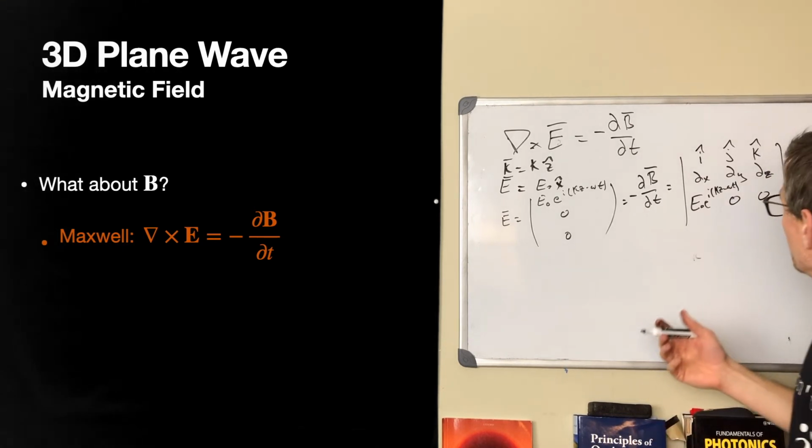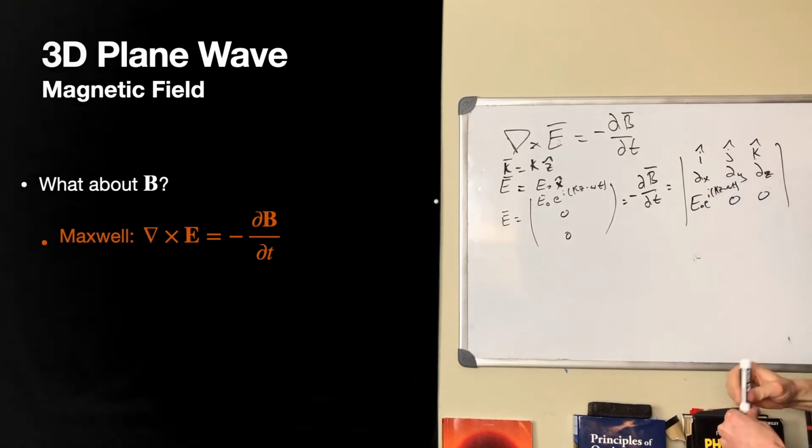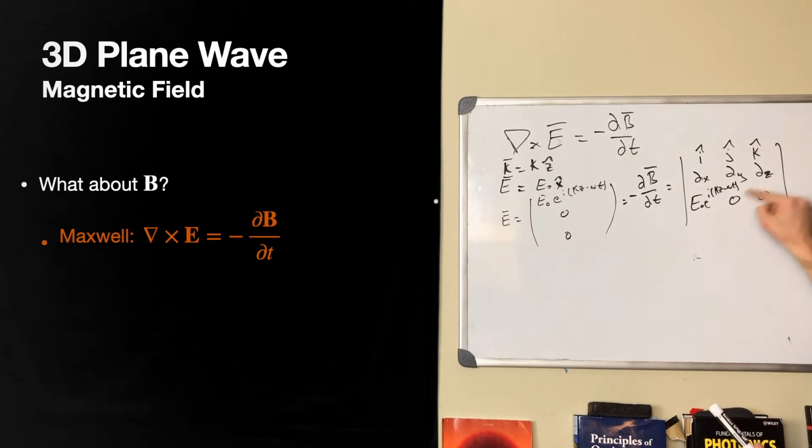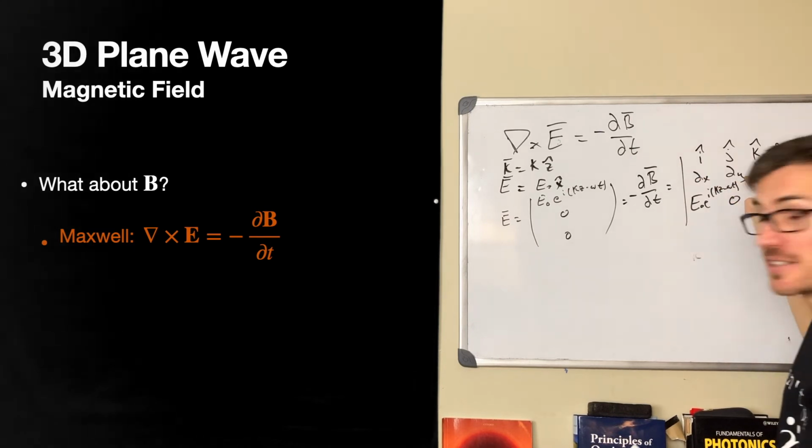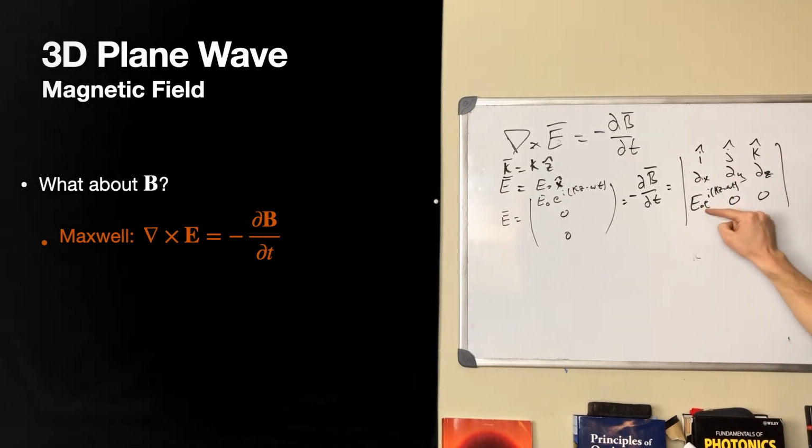So let's have a look at this. If we look at the x component, it's going to be 0. The z component is going to be 0 too, because there's no y dependence here, so this derivative is going to be 0.